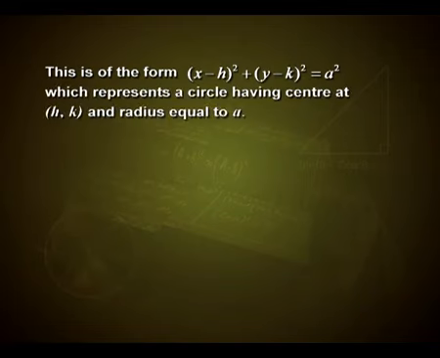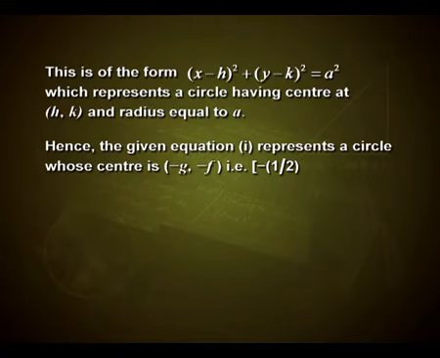This is of the form x minus h whole square plus y minus k whole square is equal to a square, which represents a circle having center at h comma k and radius equal to a.